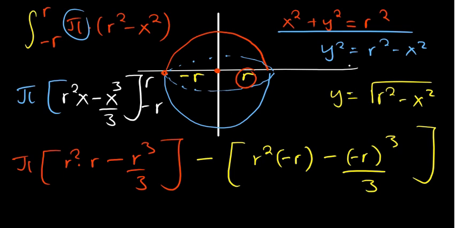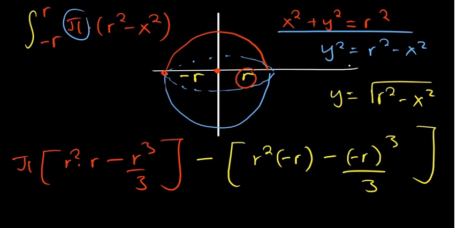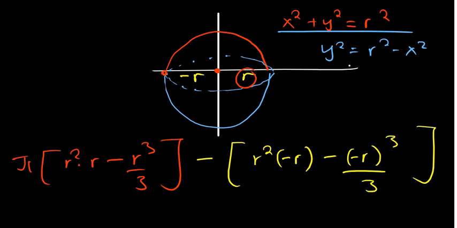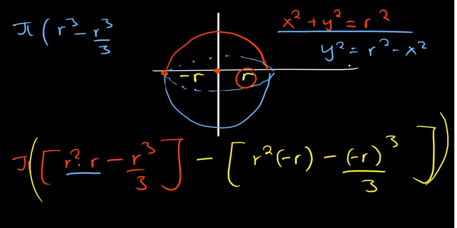Okay, so at this point I can utilize some of the space. So don't forget the pi is outside the entire part. So r squared times r gives us r to the power 3. So we have pi, and then inside here we'll get r to the power 3, and then minus r to the power 3 over 3, and then minus the other part.